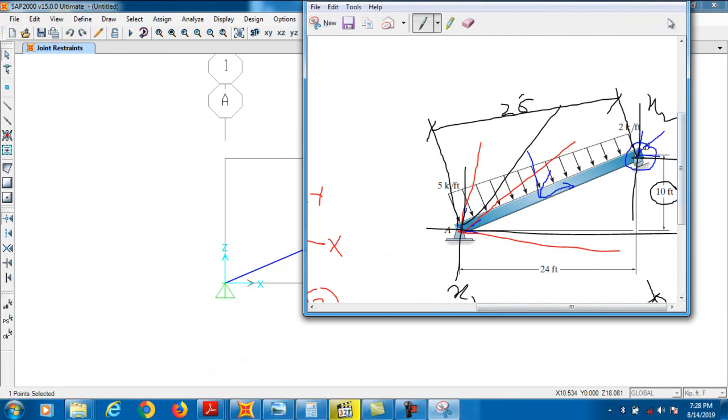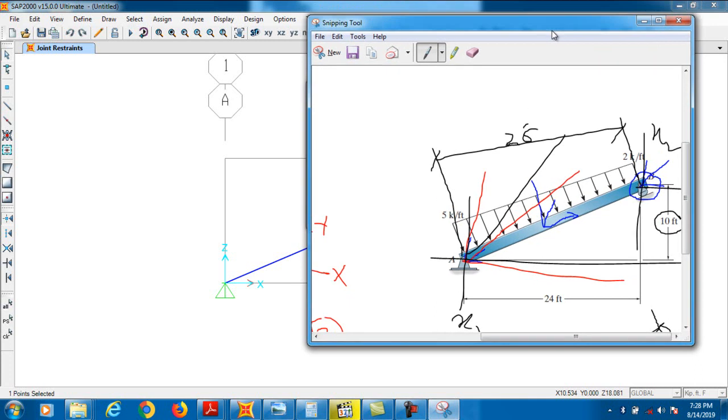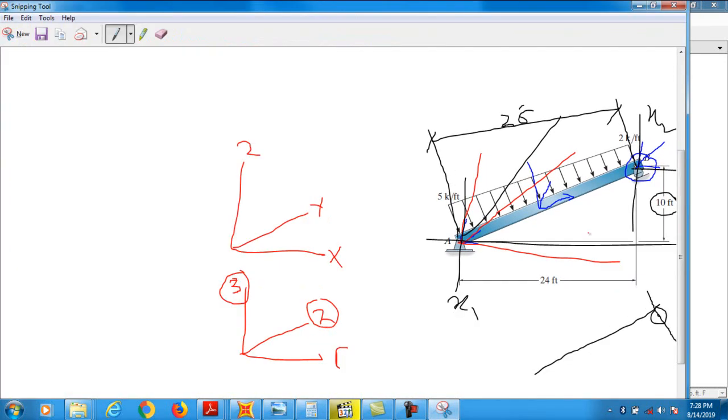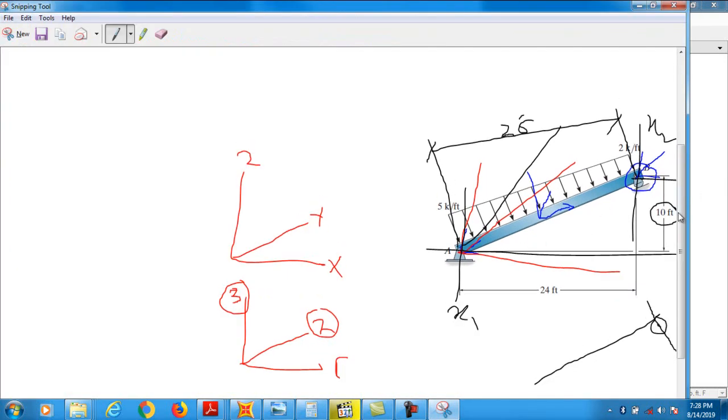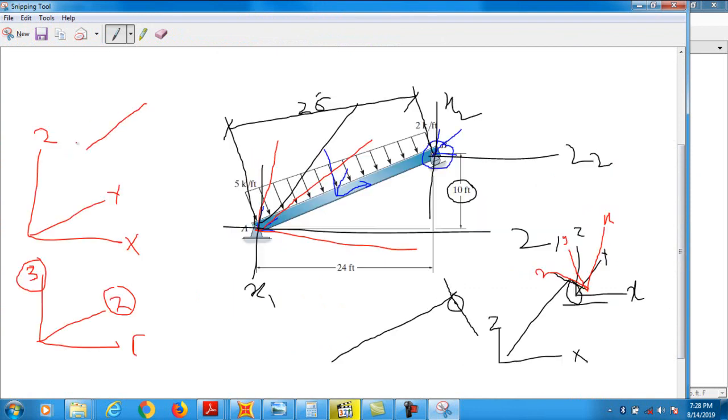We are basically rotating the element about, because this is your y axis, this is your z axis, and the joint is basically in this shape. Clear? The joint is in this shape.